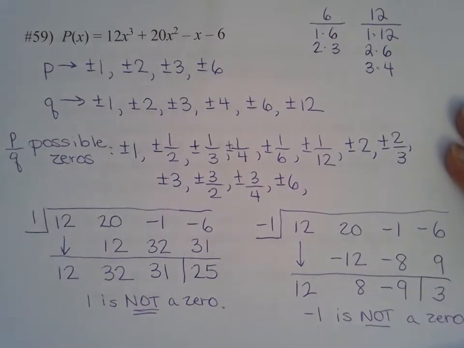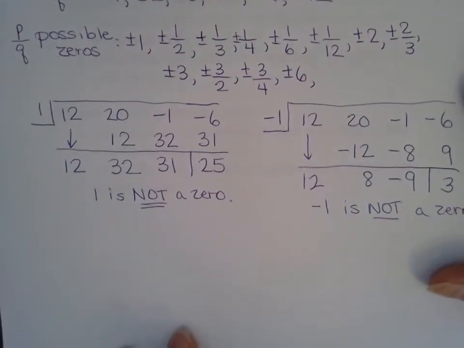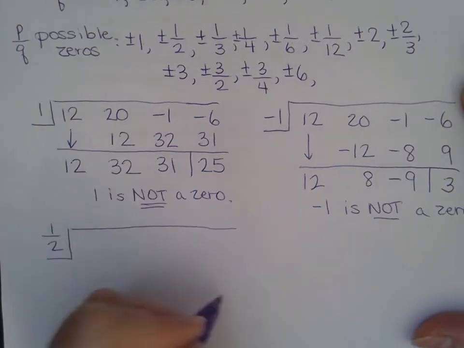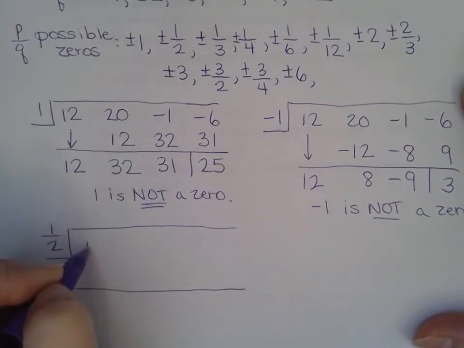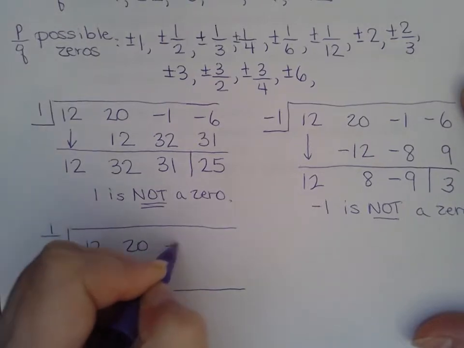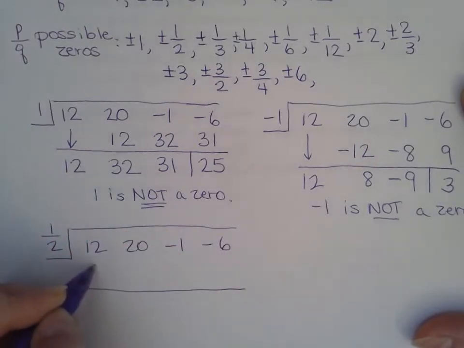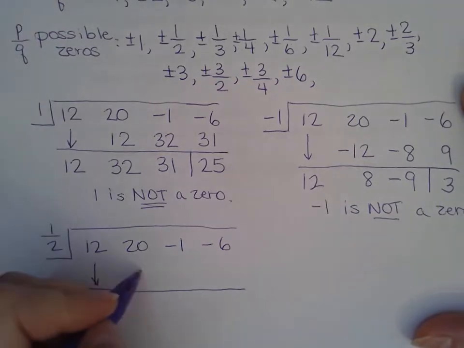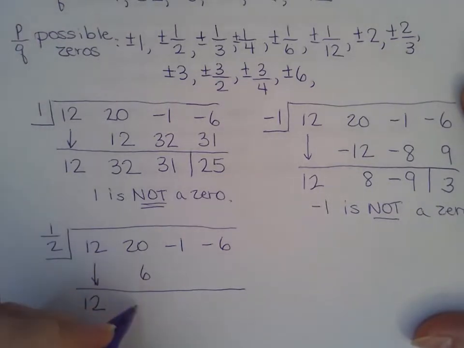Okay, let's try a half. Bring down the 12. 1/2 times 12 would be 6. Add down to be 26.